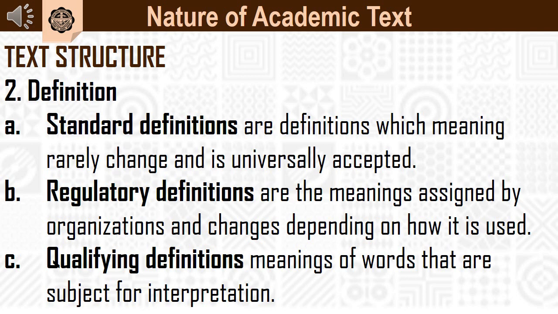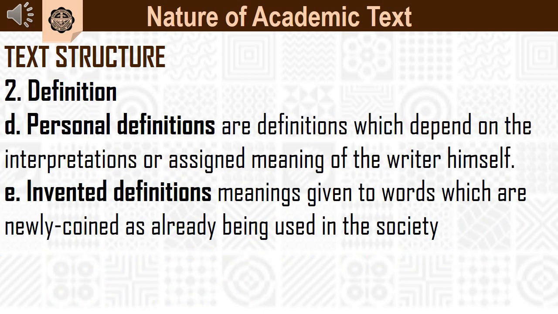Qualifying definitions are meanings of words that are subject to interpretation. For example, delinquent. Personal definitions are definitions which depend on the interpretation or assigned meaning of the writer himself. For example, the definition of friendship.